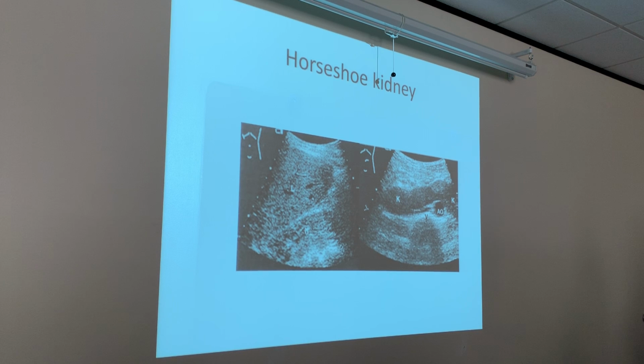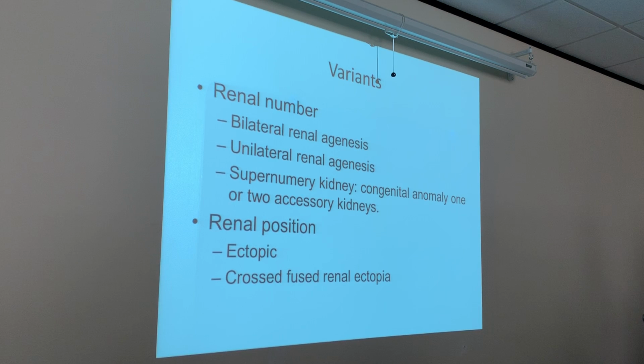The only way we can make that diagnosis is this image right here. I'm going to go transverse over the aorta to see if I see tissue anterior to the aorta. I can follow this to this kidney, and I can follow this to this kidney. And that we're not going to talk about.